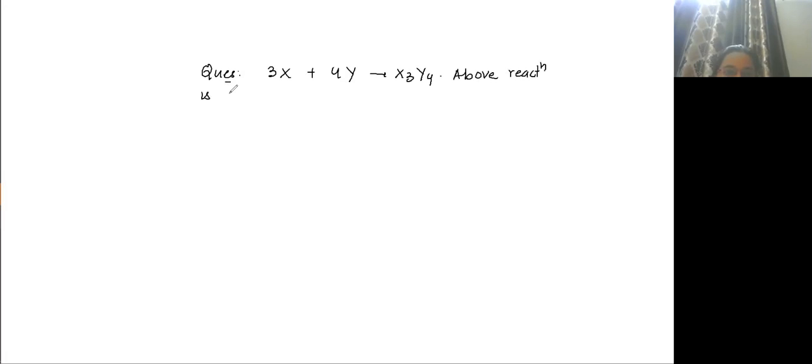Above reaction is carried out by taking 6 moles of each X and Y respectively.